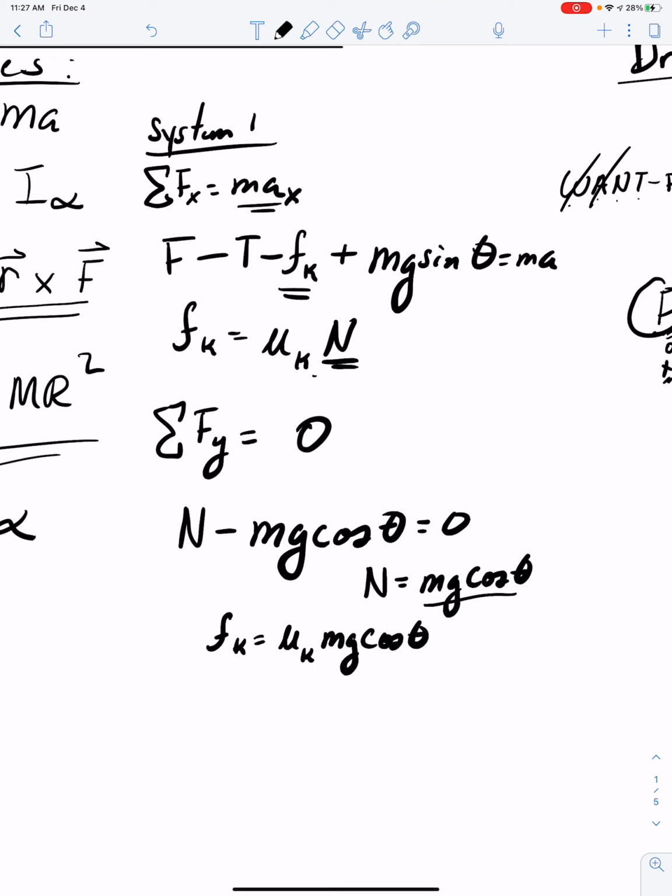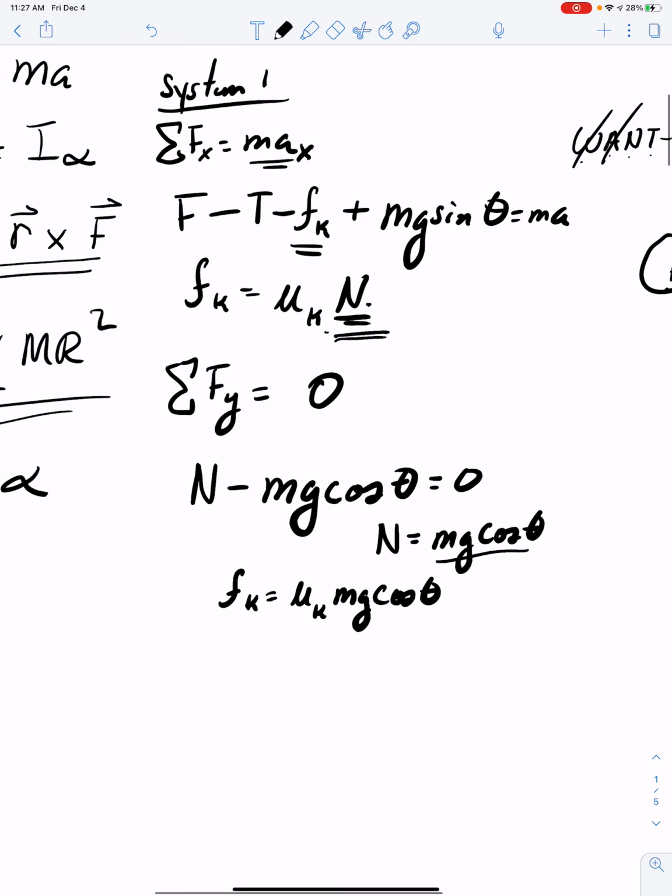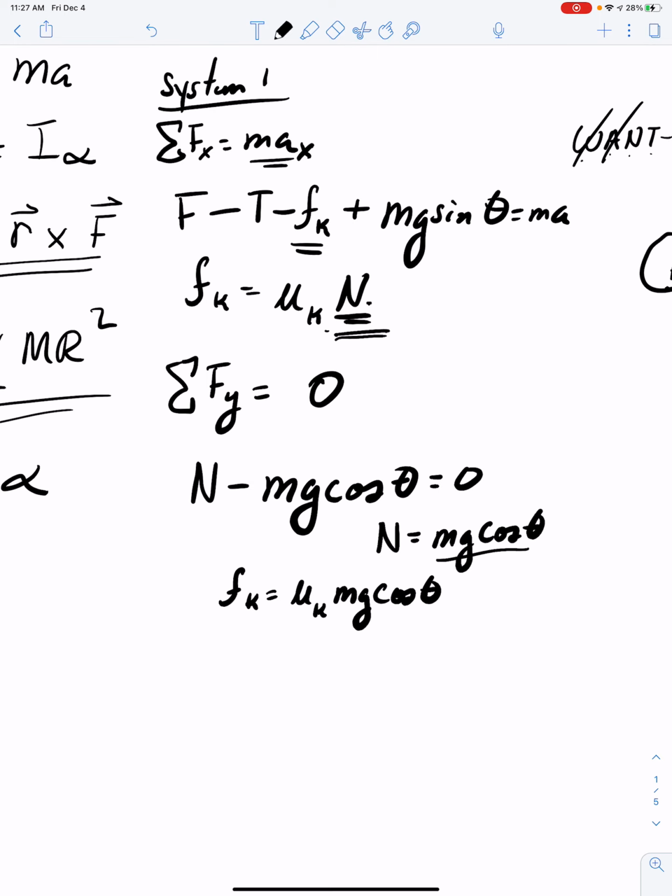Notice that I simply plugged the normal force into the equation, and now I have that. So now I have completed my system.